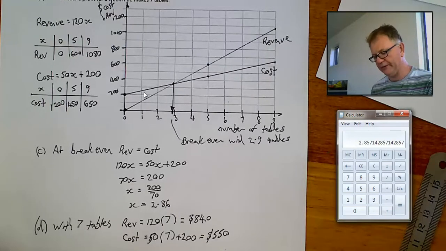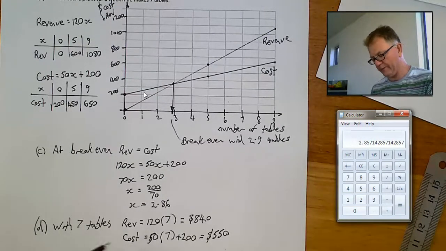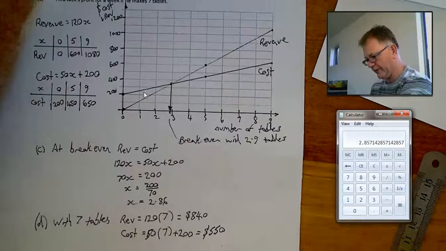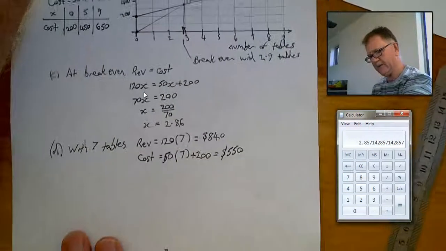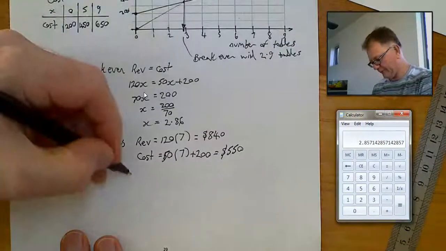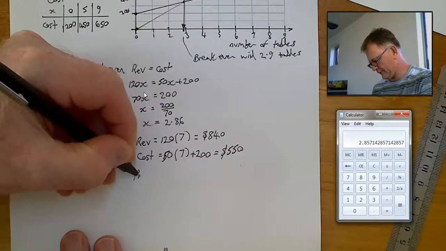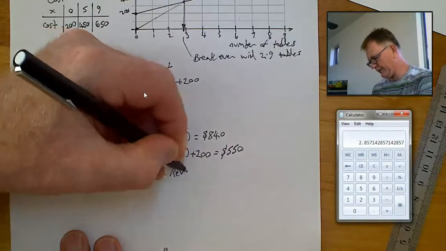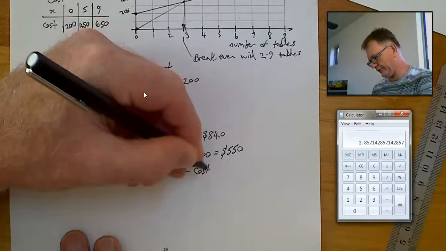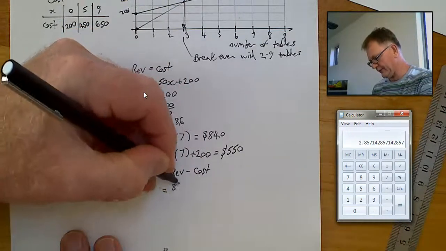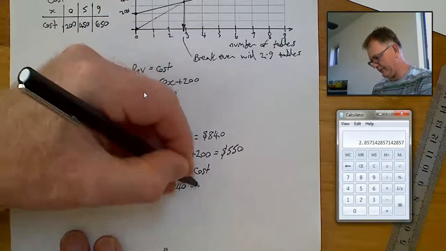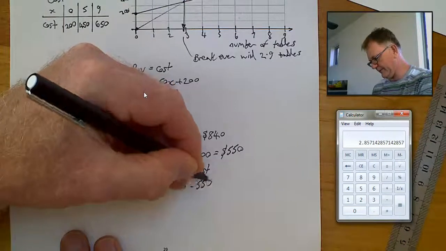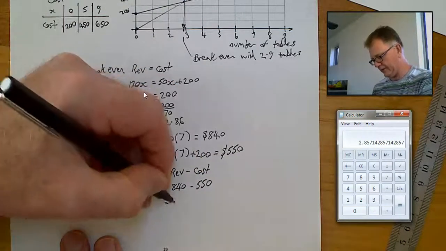Profit is the difference between the amount that he makes from selling them and what it cost him to make them. His profit is equal to the revenue that he gets from selling them, take away what it cost him to produce them. So it's $840 revenue, take away 550, profit is equal to $290.